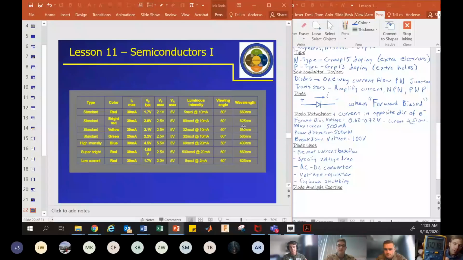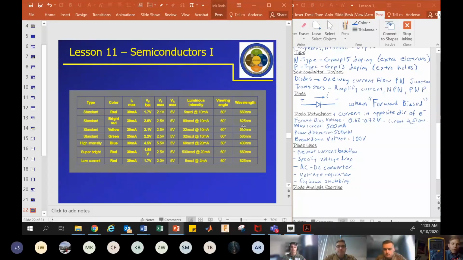Here, oh, something. I've got a loose wire, or something's touching something. There we go. Okay. So now we get like 1.88.